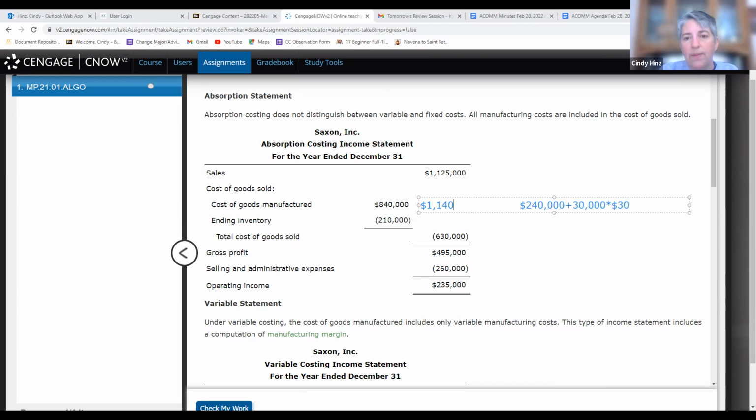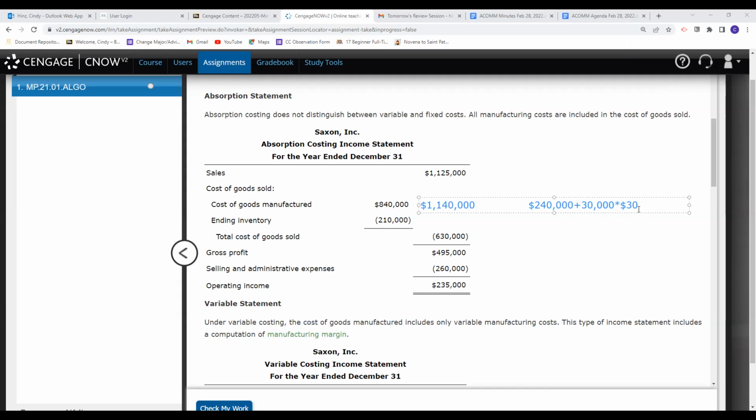So $1,140,000 would be our new cost of goods manufactured. That includes the same fixed cost that we had when we were only producing 20,000, but an additional $300,000, $30 per unit for the extra 10,000 units in variable cost. Does that part make sense?